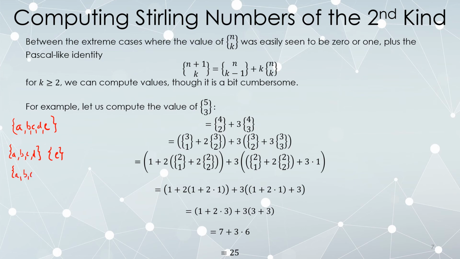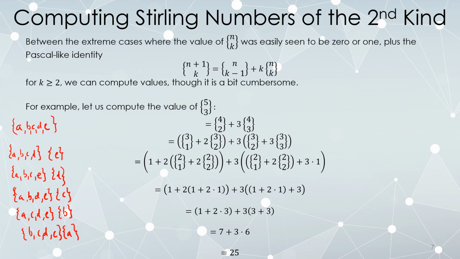So I could have also done this. Or I could have done this. Maybe C is the element that gets its own set. Okay, clearly I'm going to have 5 ways of doing this because I'm just picking which element gets its own set. But this was specifically only accounting for a set of 4 elements and a set of 1 element.